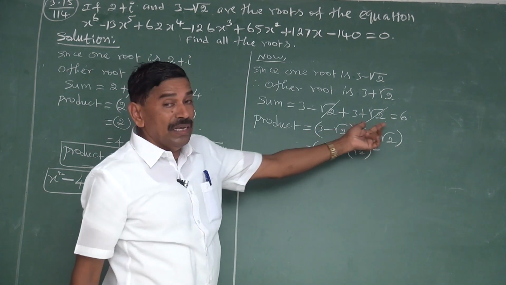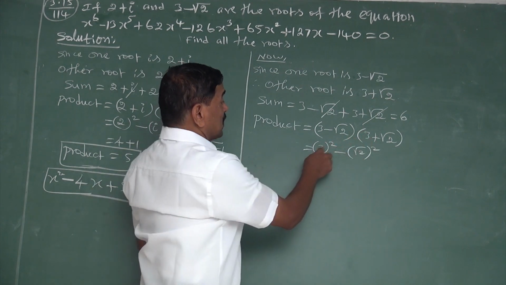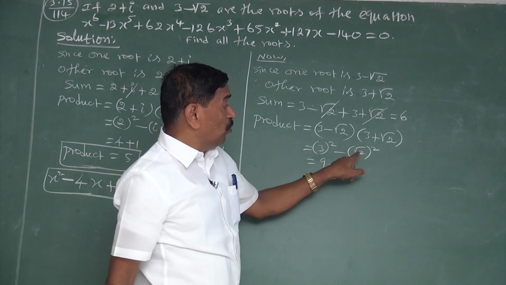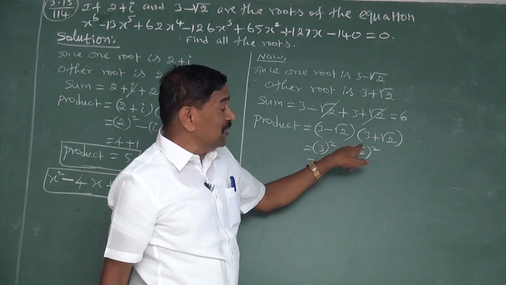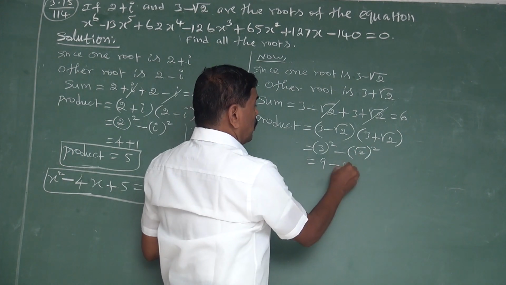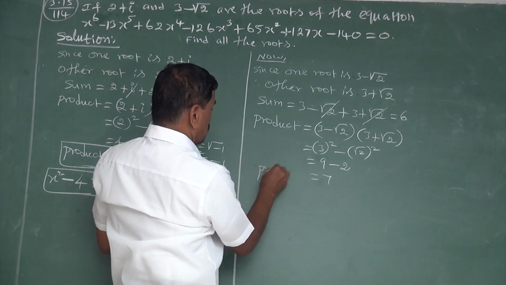Here a square is 3 square, equal to 9, minus root 2 the whole square. While squaring, the root and the square cancel. So root 2 the whole square is equal to 2, that is 9 minus 2 equal to 7, which is the product of the roots.